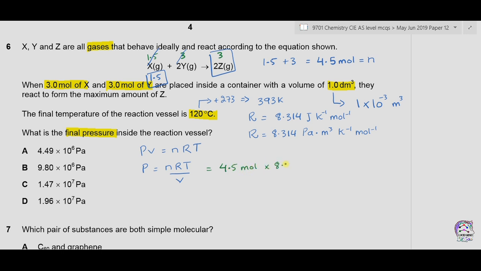into 8.314 pascals meter cube per Kelvin per mole. The temperature is 393 Kelvin. The volume of the gas is 1 exponential minus 3 meter cube.